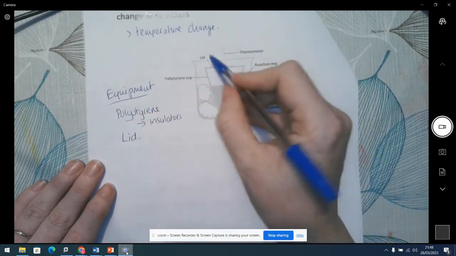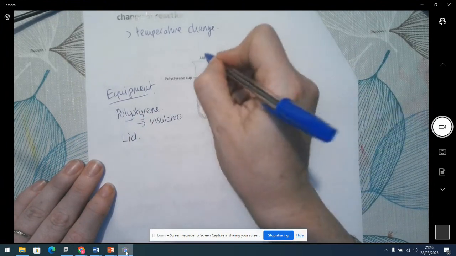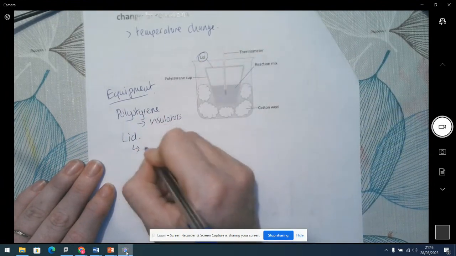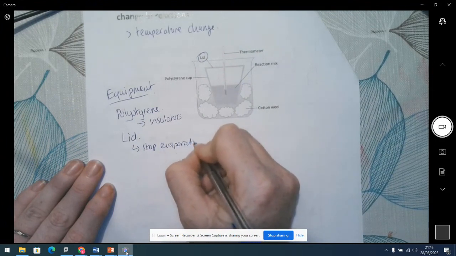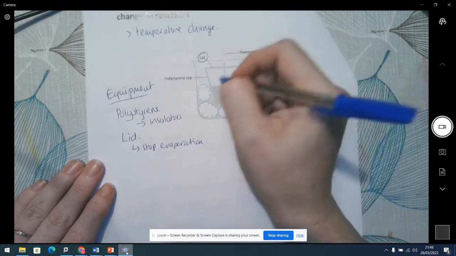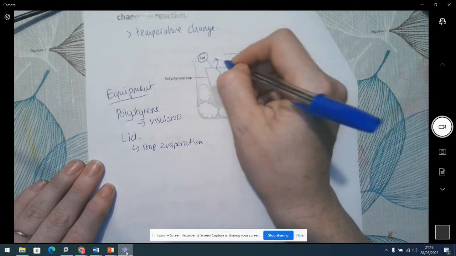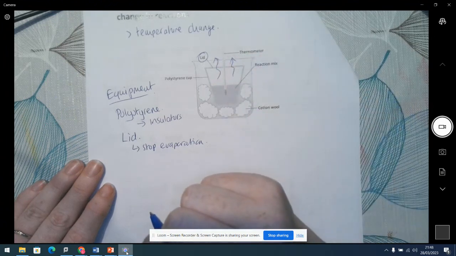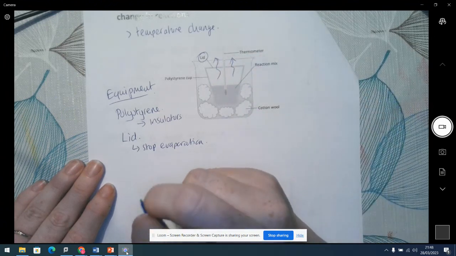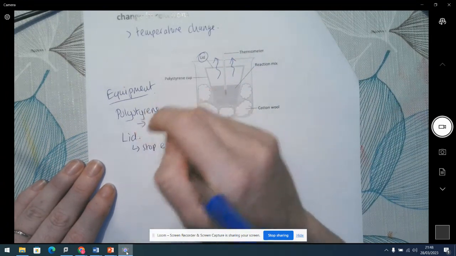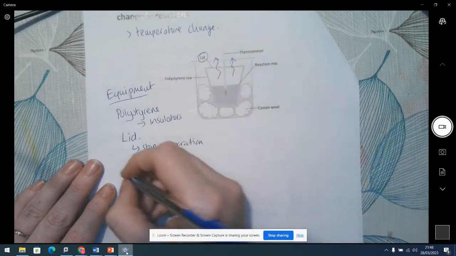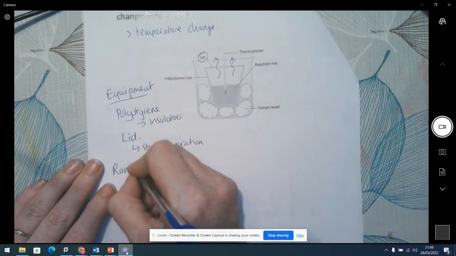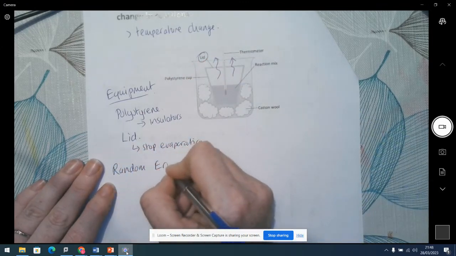You've then got the lid. And again, that's an important piece of equipment because the lid stops evaporation, so heat being lost from the experiment. It's important to know that without these, this is what we'd call random error.